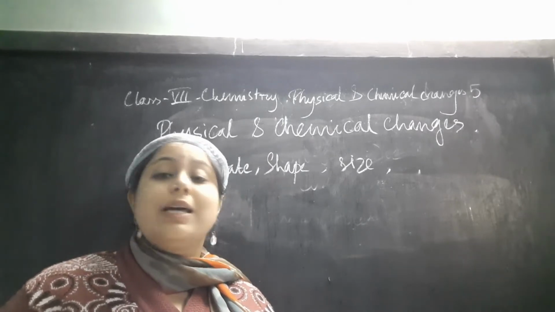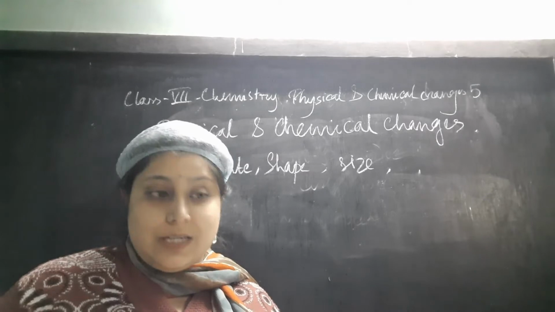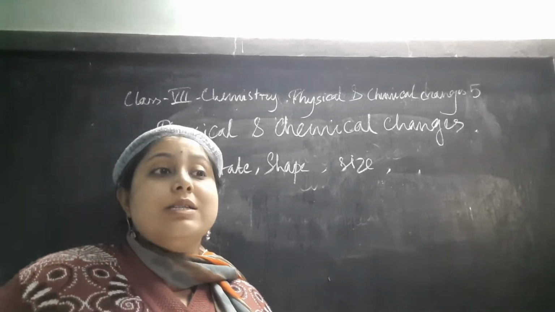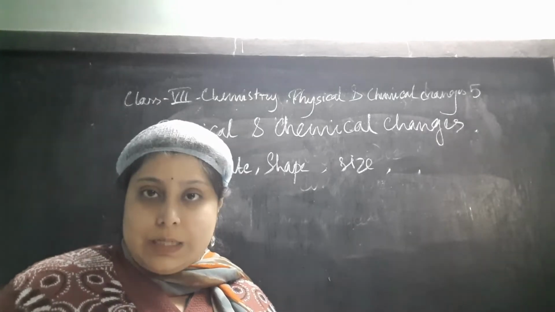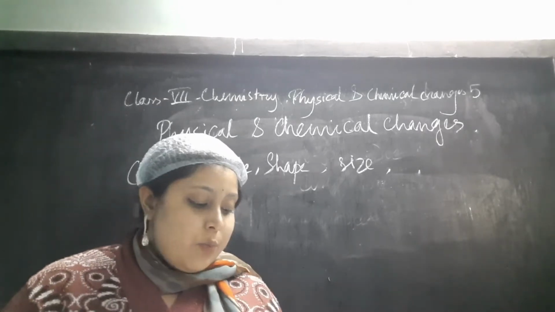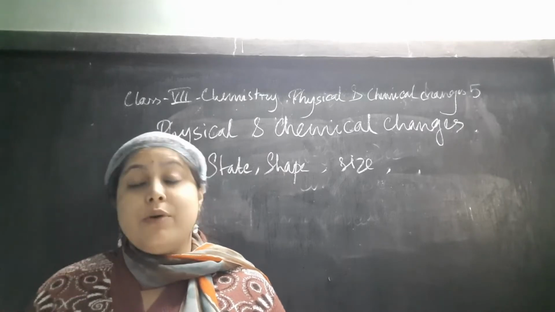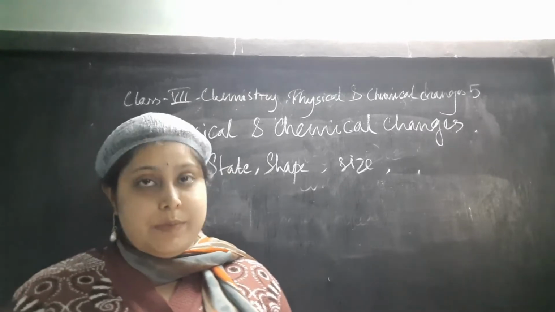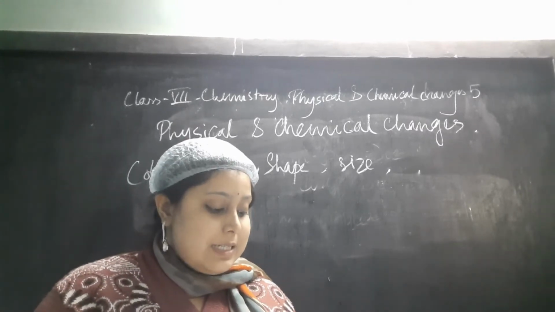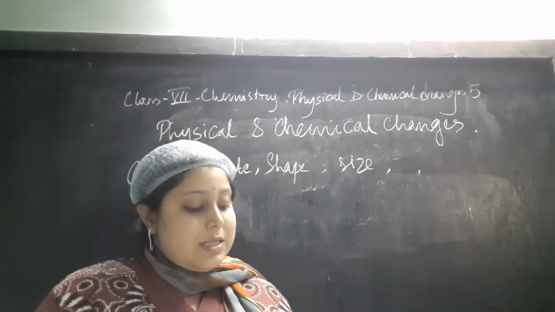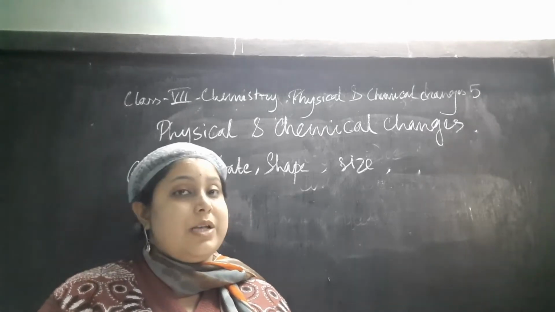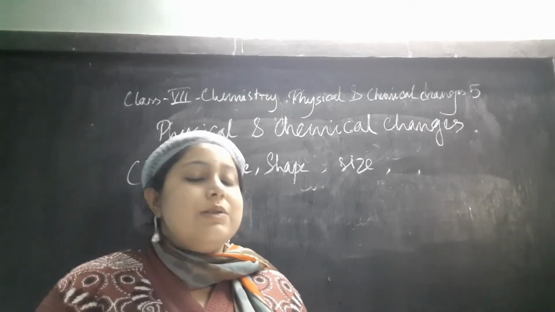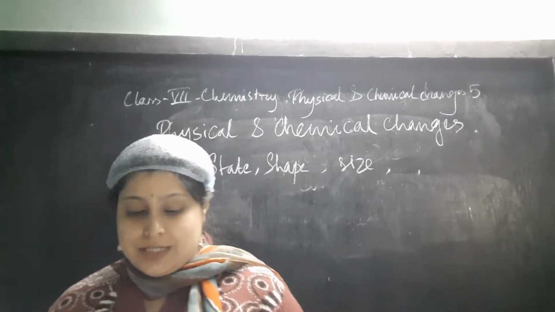There is no change in the chemical properties, only in the physical properties, which can be retained when you give it back its previous state. Similarly, when water is boiled, it changes into steam. On cooling, the steam again forms water and it can come back to the liquid state. Again, no new substances are formed, and only the physical state of the substance is changed, and that can be retained back. So these are all the physical changes that I have discussed.